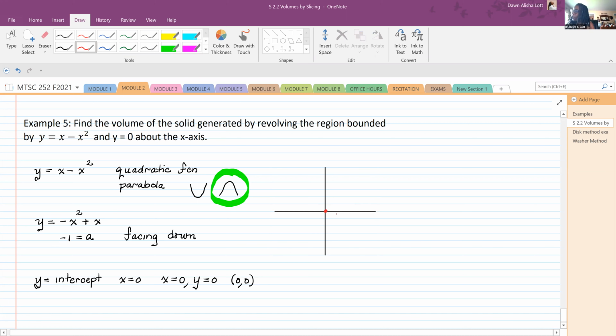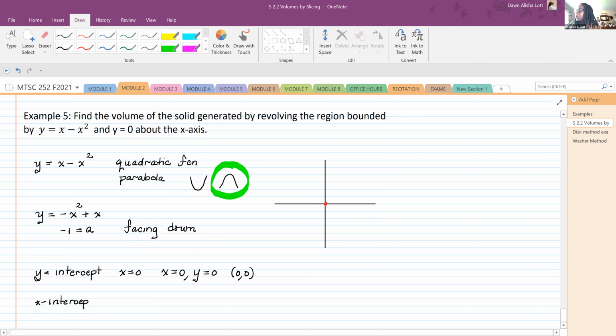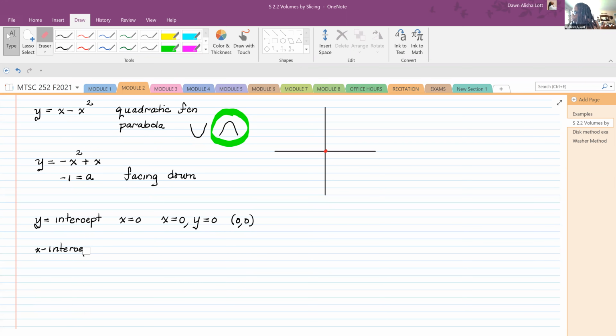Okay. And then since we have the y-intercept, we may as well find the x ones. This is a parabola, so it can have 2 intercepts.